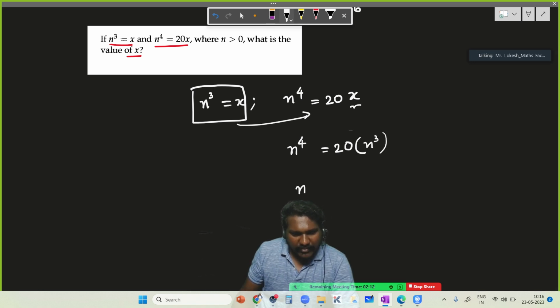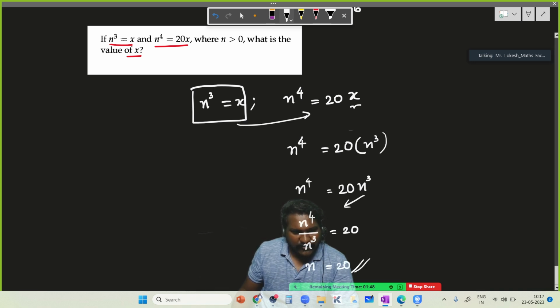So n power 4 is equal to 20 n cube. So n power 4 over n cube is equal to 20. If it goes to that side, it will become divided. So n power 4 by n cube is equal to 20. That means n power 4 minus 3, since a power m by a power n is a power m minus n. So n power 1 is equal to 20.